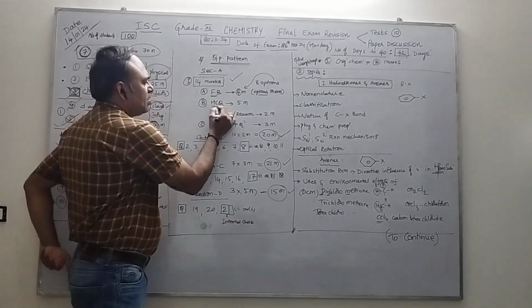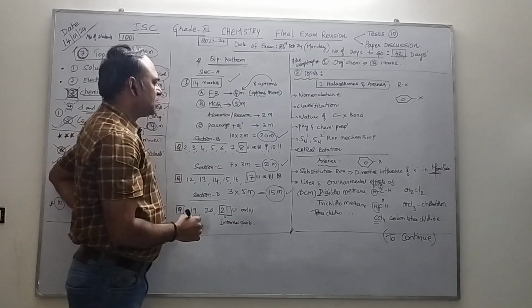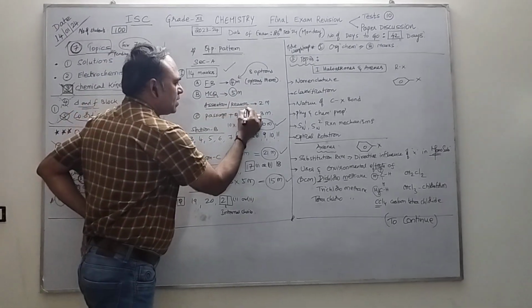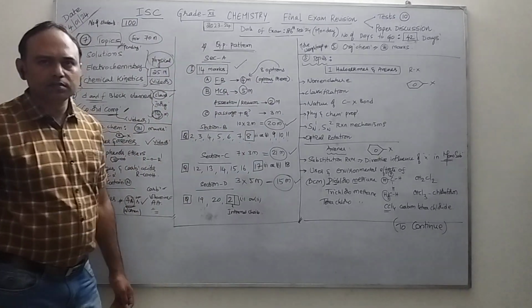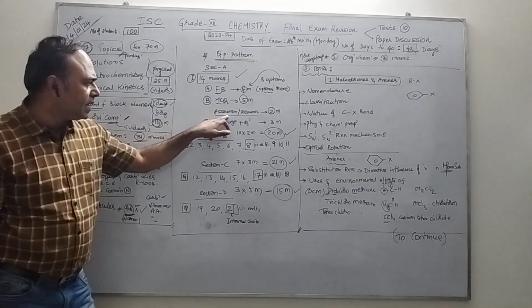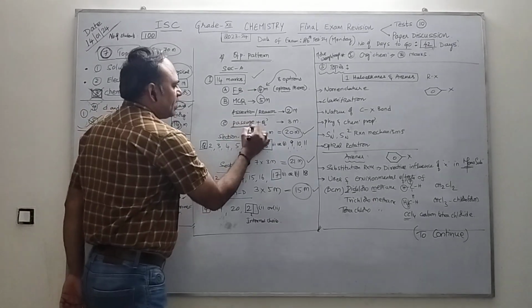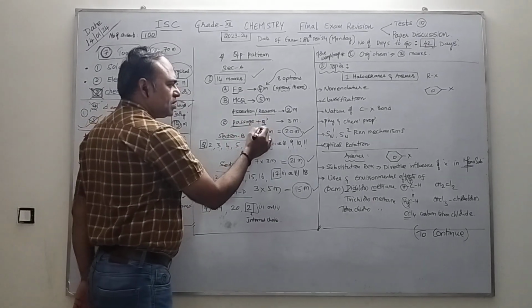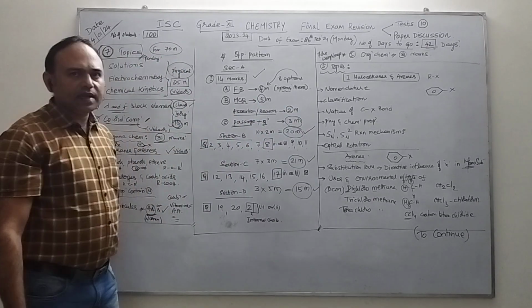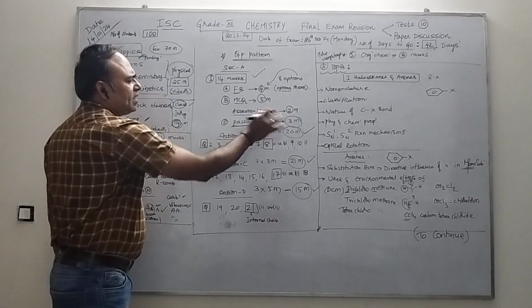Then MCQs for 5 marks, 5 questions, and then assertion and reason for 2 marks. They have introduced assertion and reason, 2 questions. Next, there is a passage and they will ask 3 questions on this passage, and it carries 3 marks. So these are all easy things only.